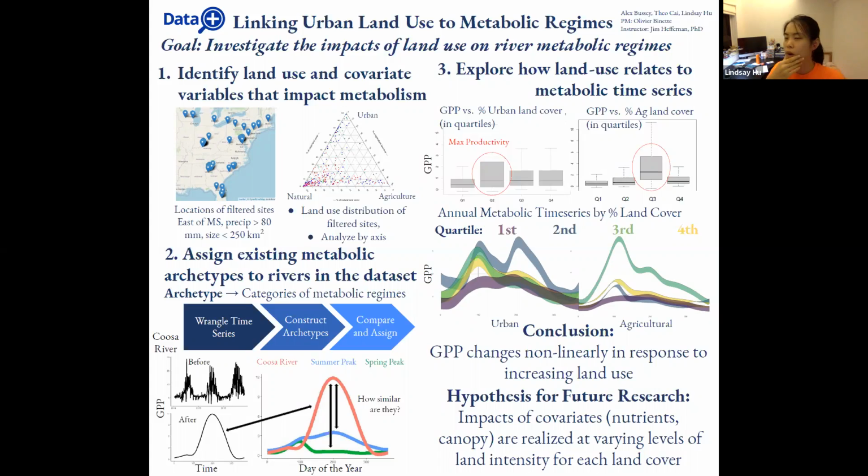So one thing that we really wanted to do, but because it was too big and very technical we said let's not dive into that yet, is to look at many different, really specific factors within each type of land use that can impact metabolism.